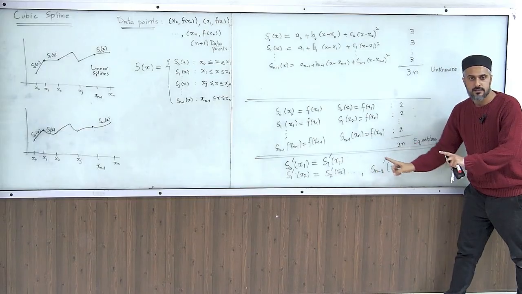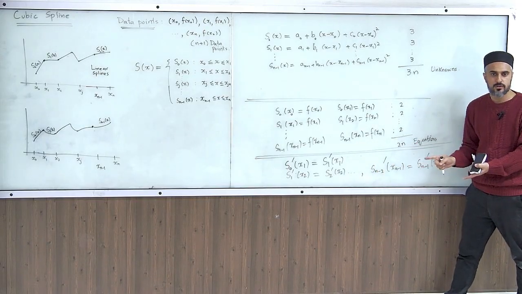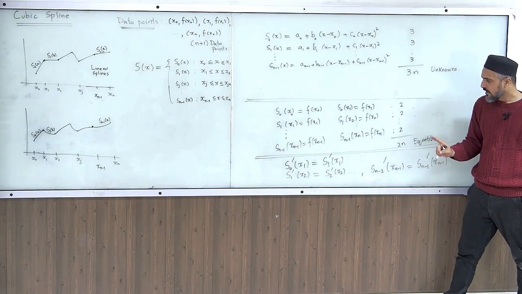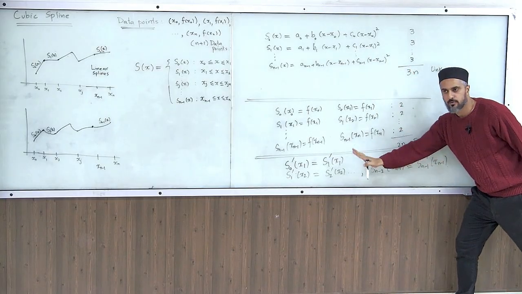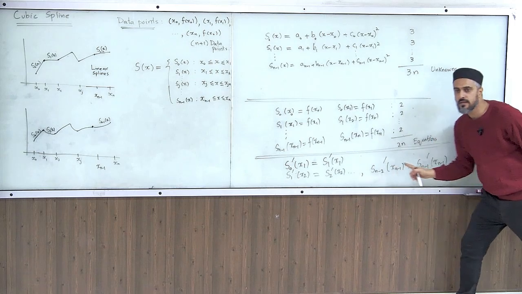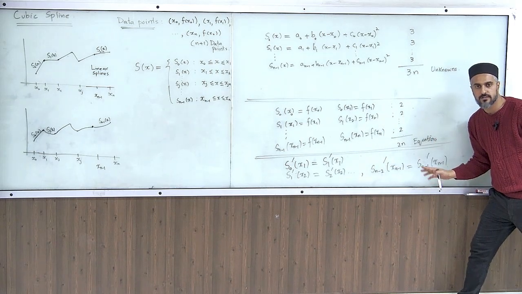So it means the derivative value should also be the same. So how many equations do we now get with this observation?